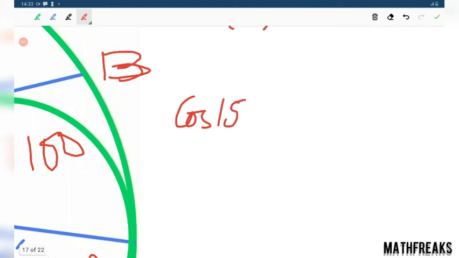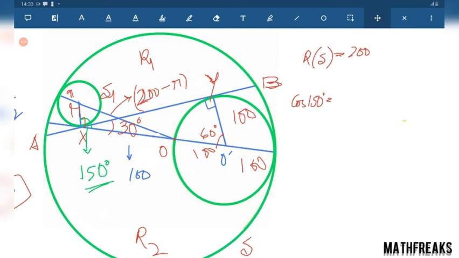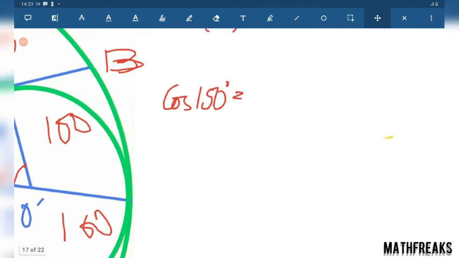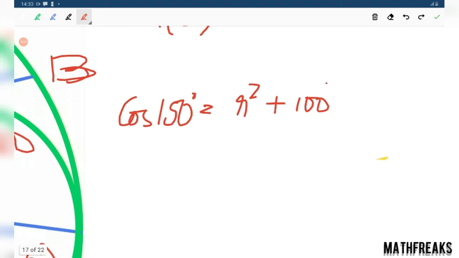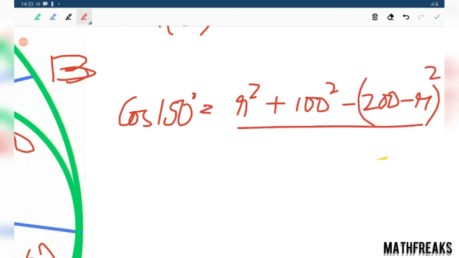Cos 150 degrees will be equal to r square plus 100 square minus (200 minus r) whole square by 2 into r into 100.